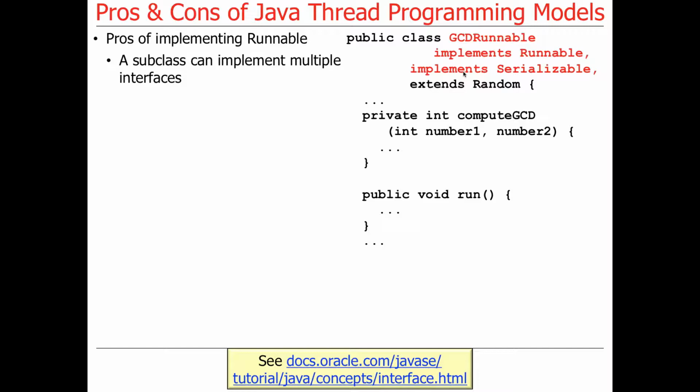So you could have many things that you implement, and that allows us to have another way to extend something. So just for fun, we could implement many interfaces, but still extend something else. We could extend Random, just to give it something else to do. That way we can have multiple things that we implement and then only extend one, but we haven't burned up our one superclass by extending thread.